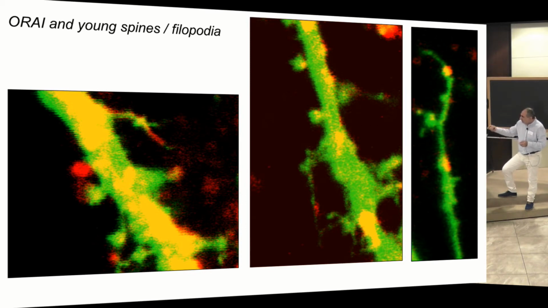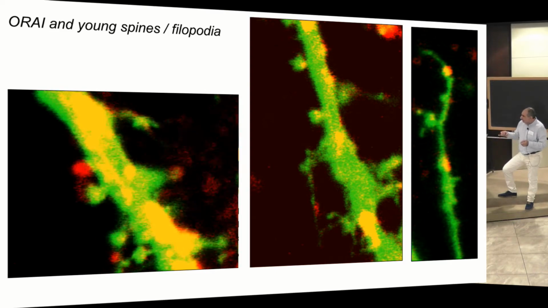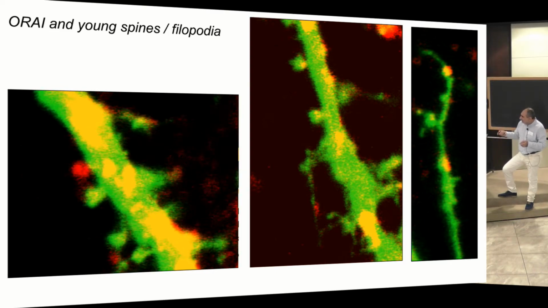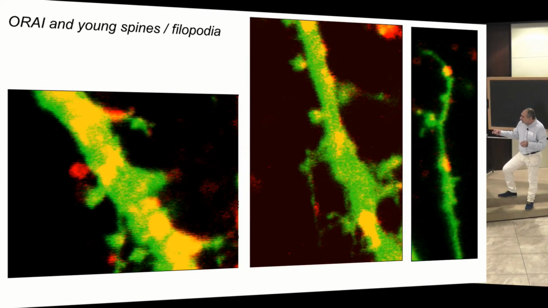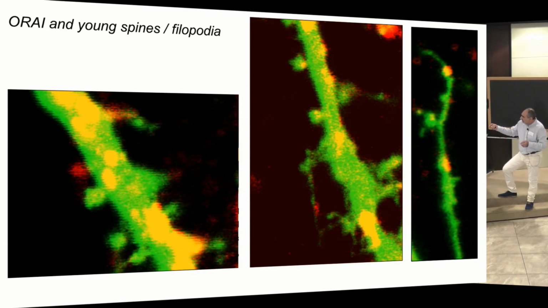And now please pay attention to these little guys which look like premature spines. And again, red is ORI here. So I will play the movie and you will try to follow some location here.